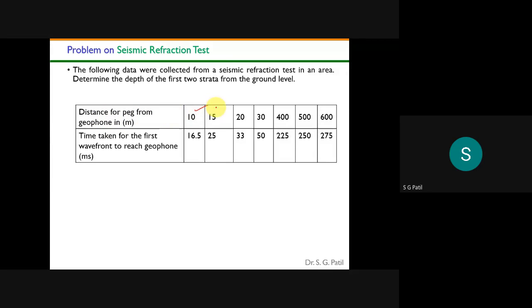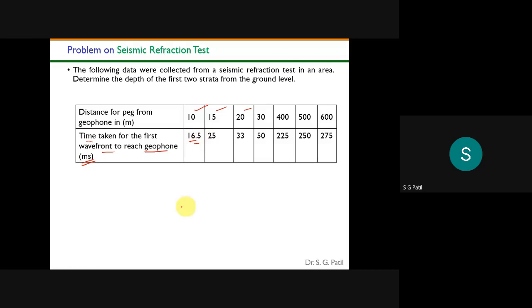At 10 meter, at every 5 meter interval, they put geophones up to 30 meter, and then from 30 meter at every 100 meter or 200 meter they kept the geophones. Also they have given the first arrival time, the time taken for the first wavefront to reach the geophone. These are all in millisecond.